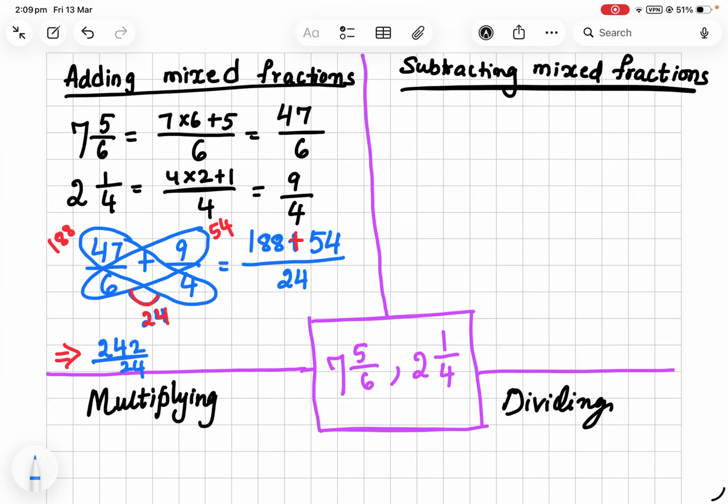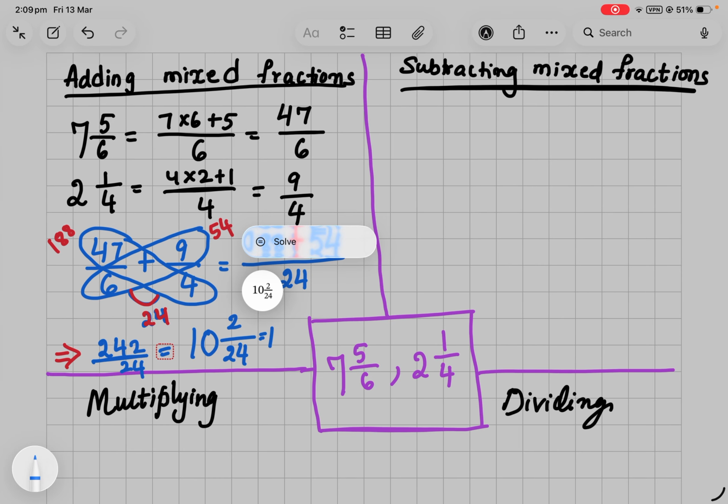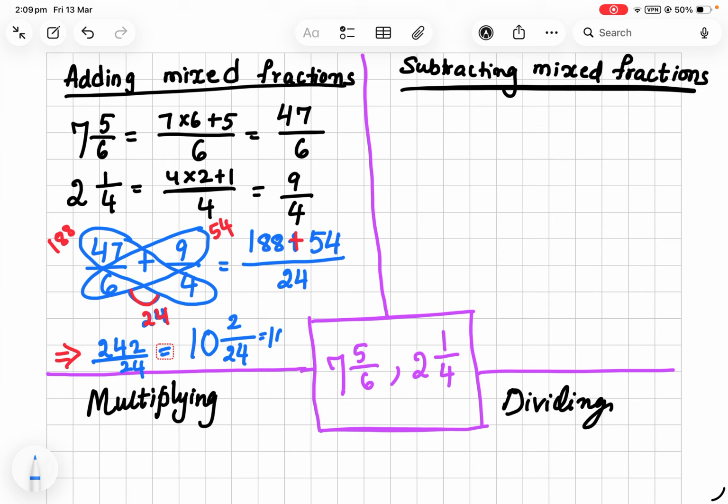That would give me 240, so there will be a remainder of 2, and then again there will be a 24 here. But 2 and 24 can also be simplified further. So this is going to be 10 and 1 over 12. That's the final answer for that question.